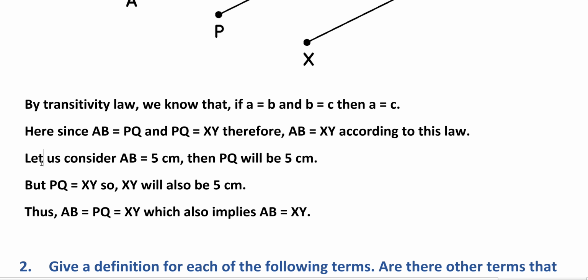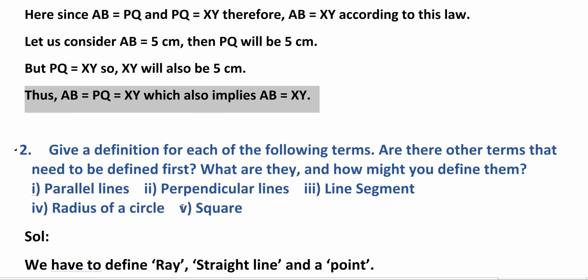Let us consider AB equals 5 centimeters, then PQ will be 5 centimeters, but PQ equals XY, so XY will also be 5 centimeters. Thus AB equals PQ and PQ equals XY, which also implies AB equals XY.